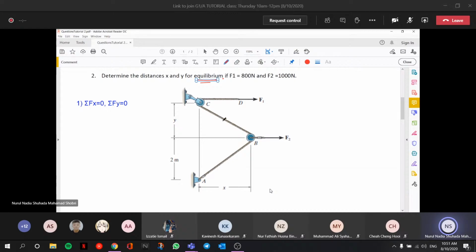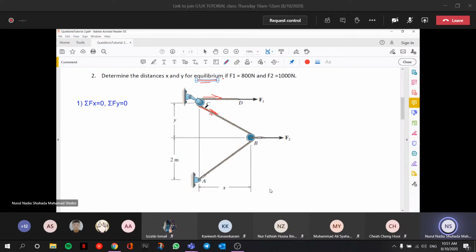It means the total sum should be equal to 0. So when this is the force here, the opposite force should be in this direction for the sum to be equal to 0.